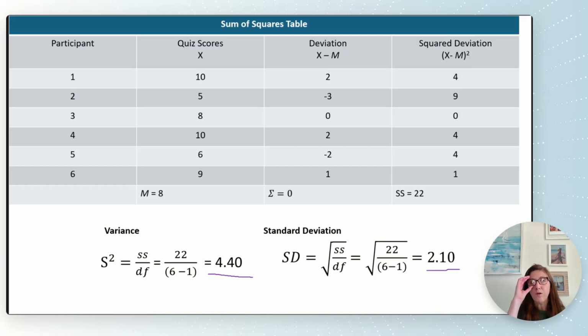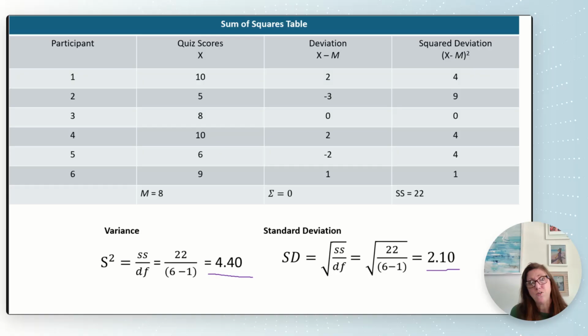If we think about this, say that we were told that this quiz only had 10 points. So the maximum score you could get on this quiz was 10 points. If that's the case, the range of our points is 0 to 10. 2.10 is kind of a large distance or difference. It's kind of spread out if we are only looking at a high score of 10. So putting it into context is also important.